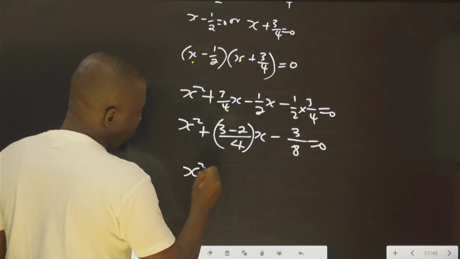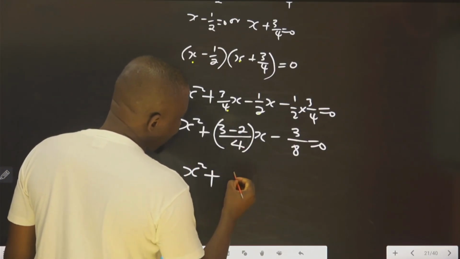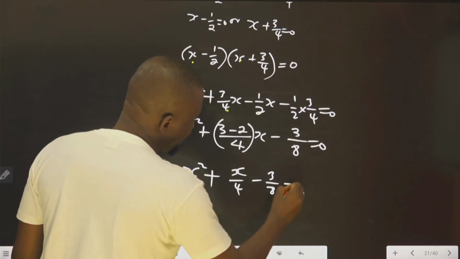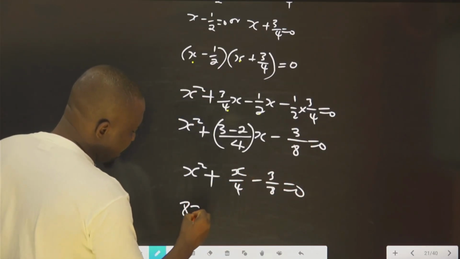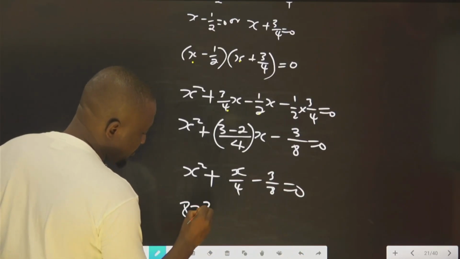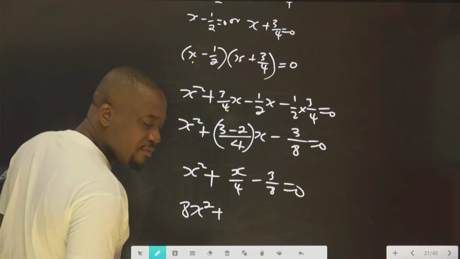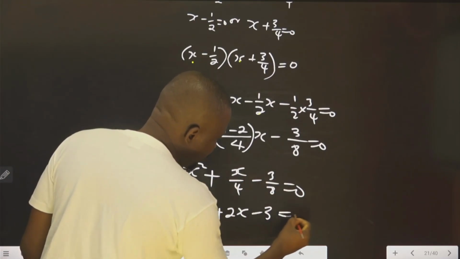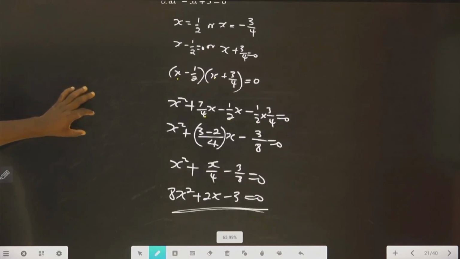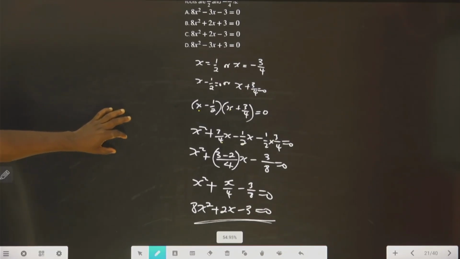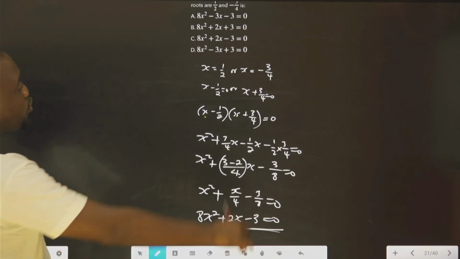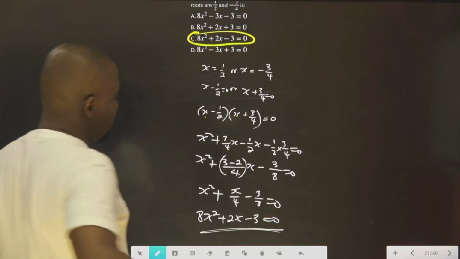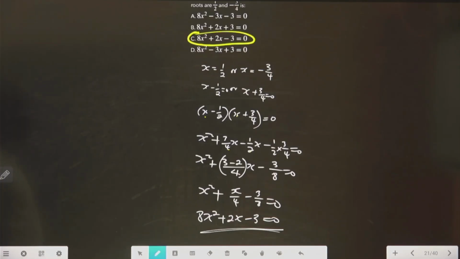This will give us x squared plus 1 over 4, that is x over 4 minus 3 over 8 equals to 0. We multiply through by 8. This is 8x squared. 8 divided by 4 is 2, multiplied by this is 2x. This is 3 equal to 0. So let's check if there's anything like this. Plus 2x minus 3. That is C.